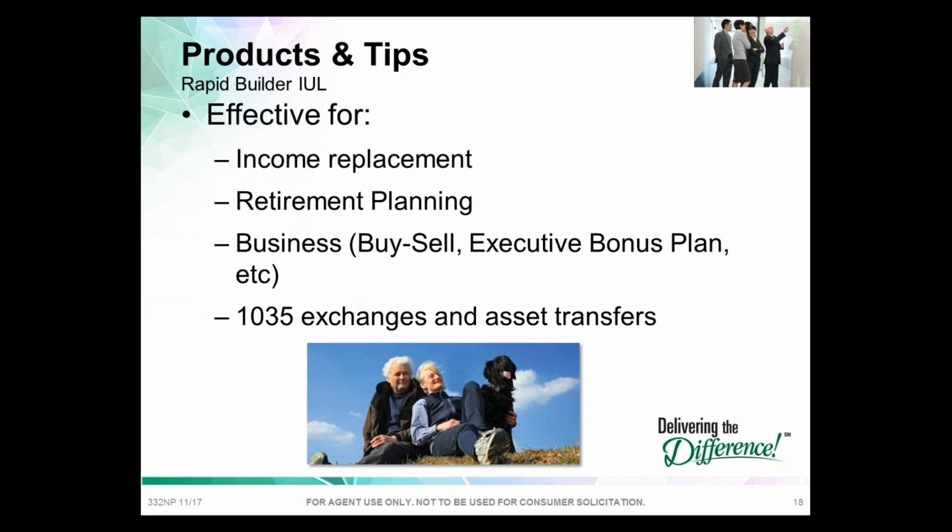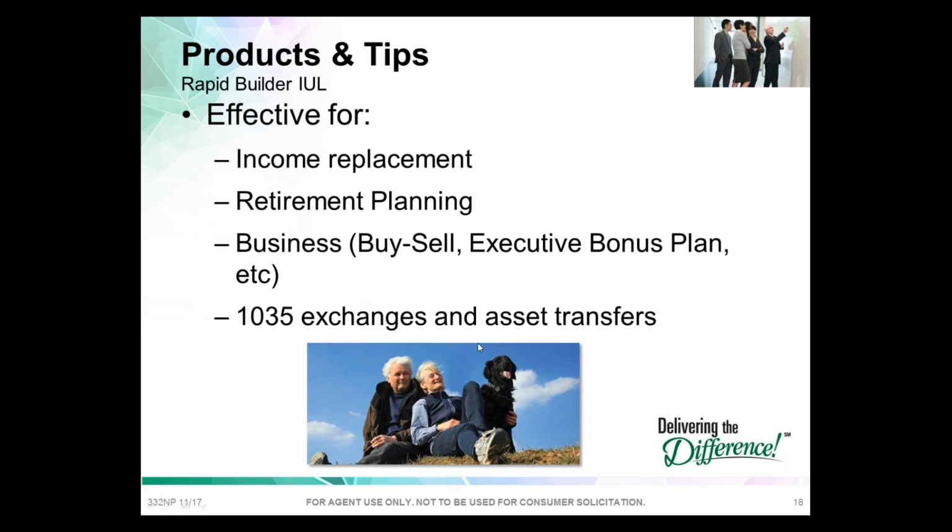And on a typical product with surrender charges and premium loads, they look at the guaranteed death benefit in year one and go, whoa, wait a minute, where's my money? We're rolling in $100,000, and I see the surrender value is only 89. What happened? So the Rapid Builder can really overcome that objection of where'd my money go on a 1035 exchange.